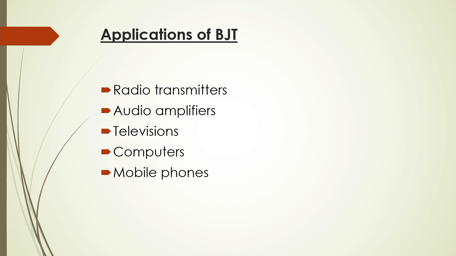As a whole, I think you all have understood what is BJT. It is nothing but bipolar junction transistor and is used for switching and amplification purposes. Its major characters have been covered in this video.